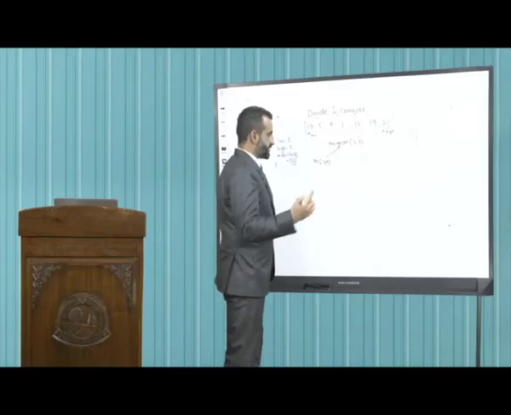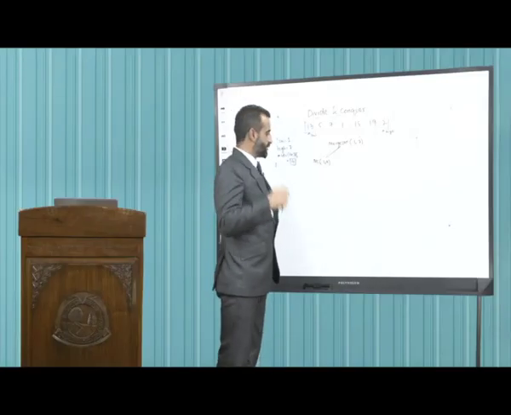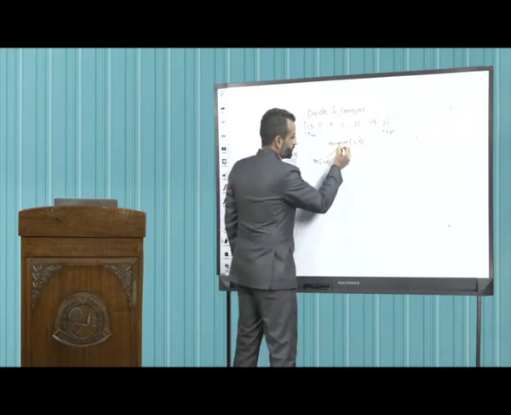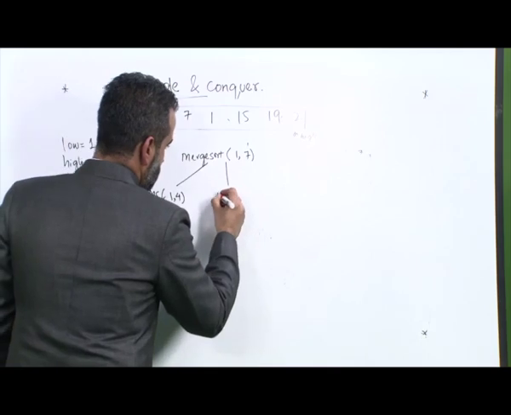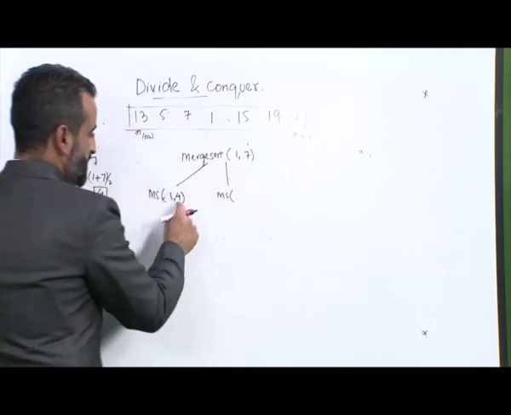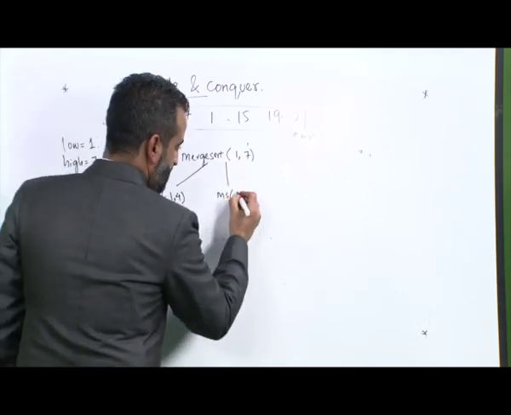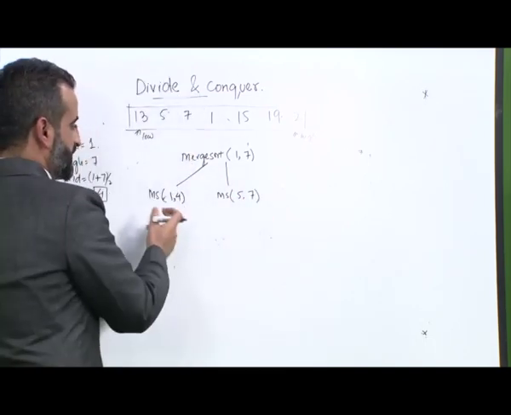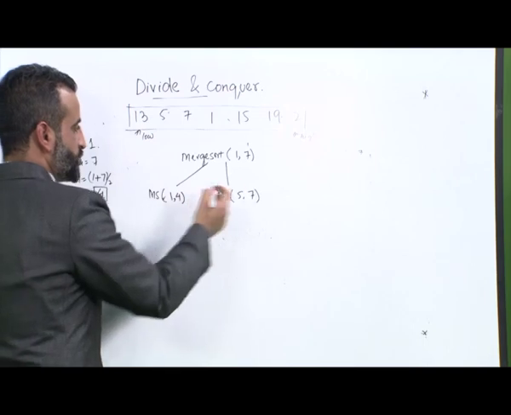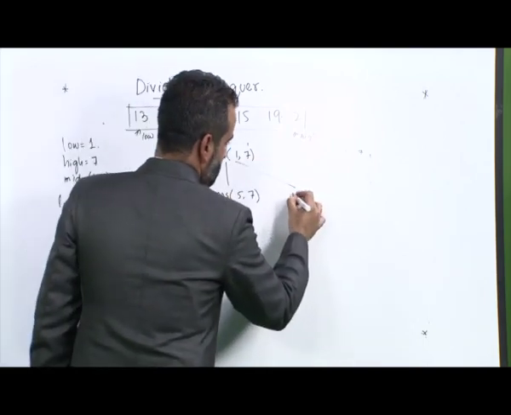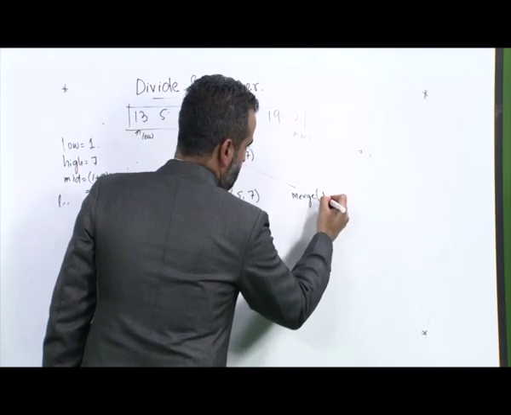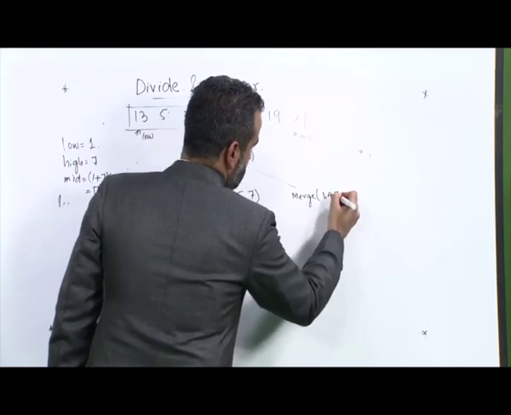The next merge sort function, remember it's a recursion, so it will process every such recursive call by means of a stack. So my next merge sort function will be merge sort mid plus 1 to high. Mid plus 1 is 4 plus 1, that's 5, and my high is 7. And then after I have divided the problem successfully into 2, I'll try to merge it back. So this is a merge function, which contains a low value, a mid value, and a high.